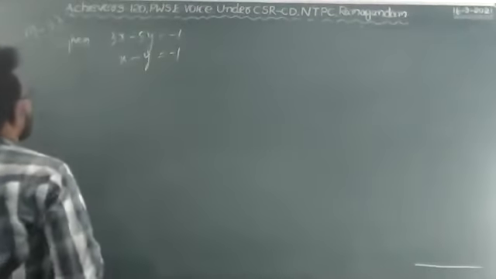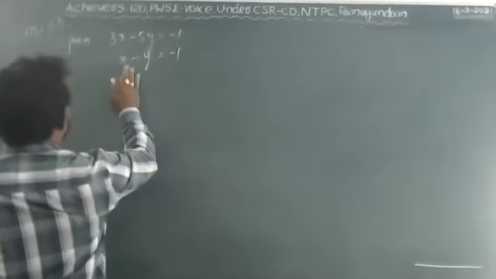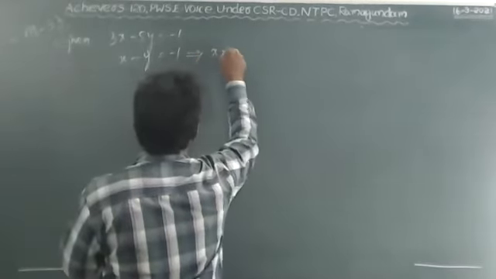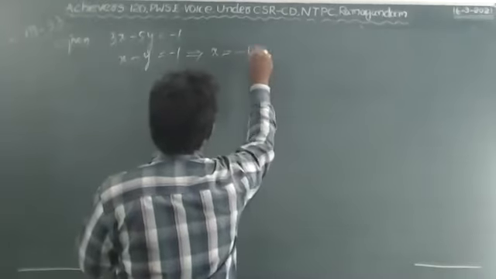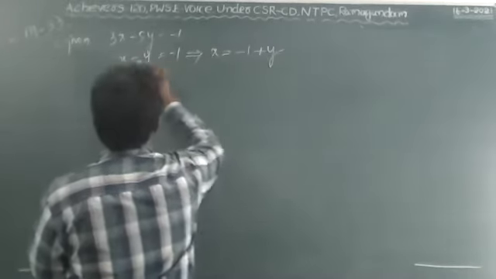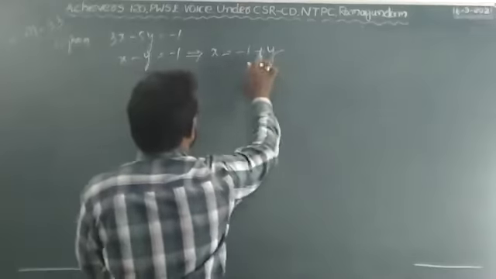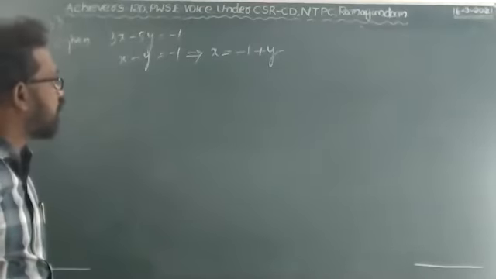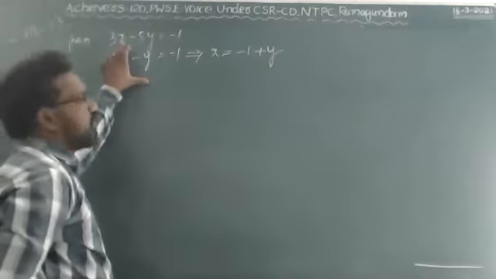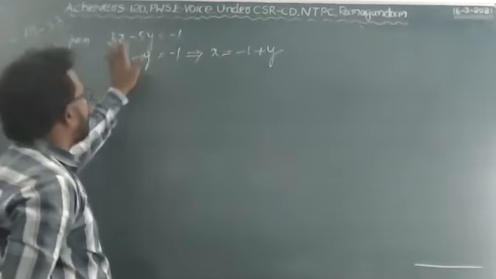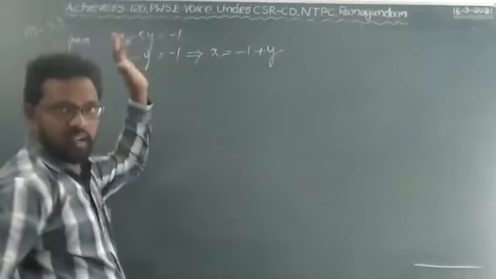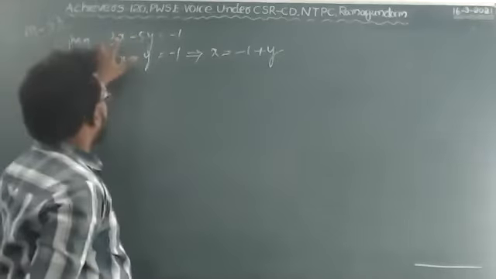Okay, children. Now from this, see what you get here. x equals minus 1 plus y. Indirectly you got the x value. You can also take x equal to something with a denominator, but try to avoid such values.